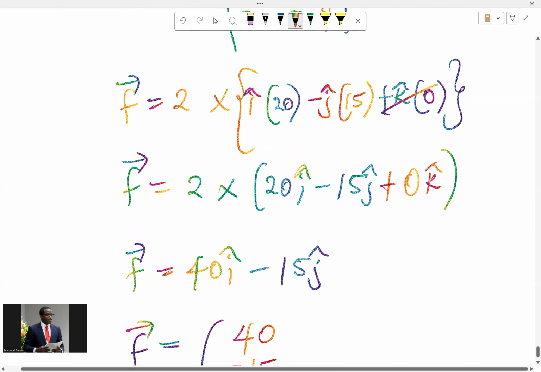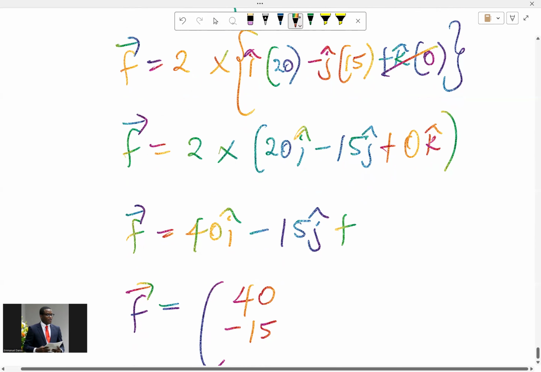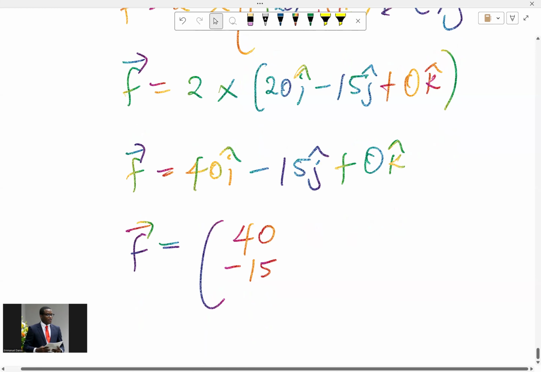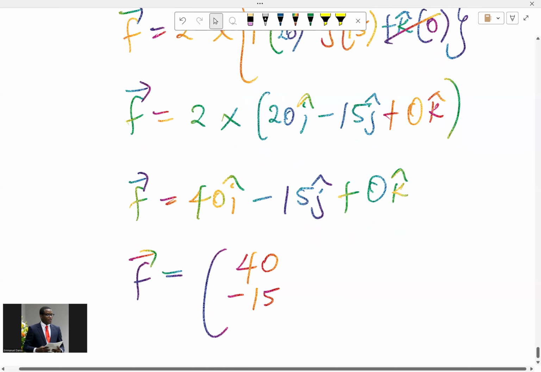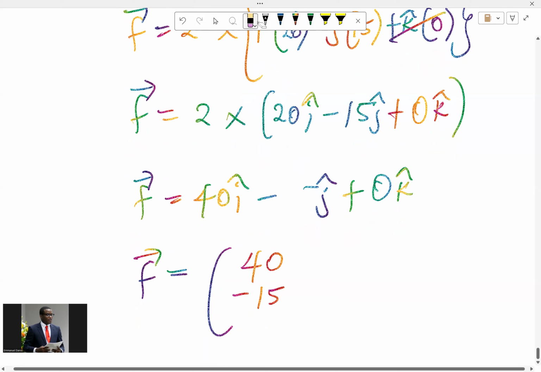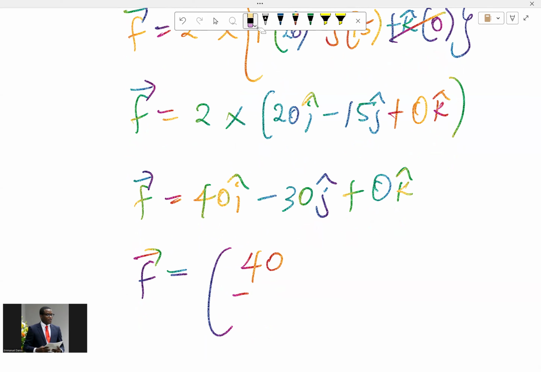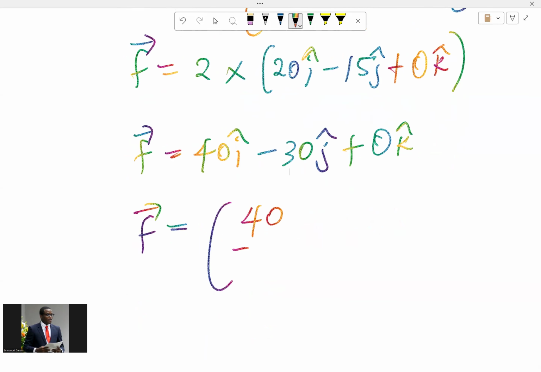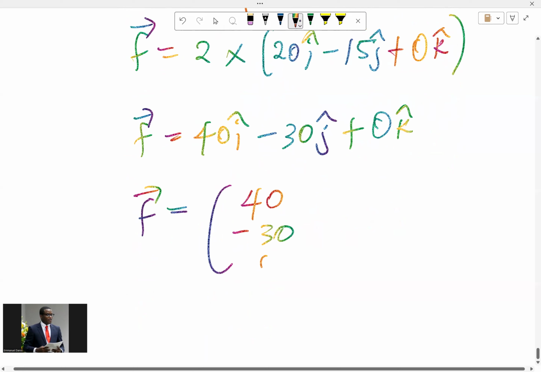So 2 times that is still 0K. So we have 40 minus 15. Oh, okay, I did not do that properly. 2 times minus 15, that's minus 30. So 40I minus 30J. Yeah, this has been such a long journey.